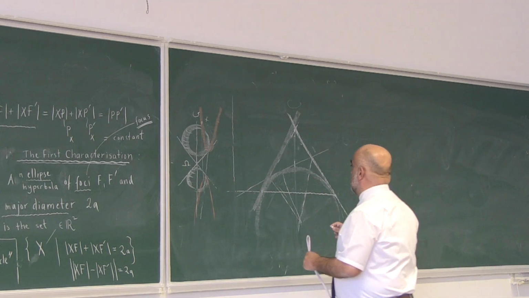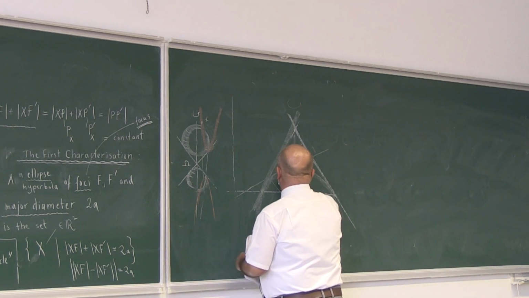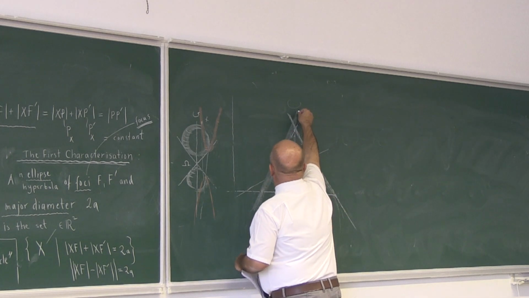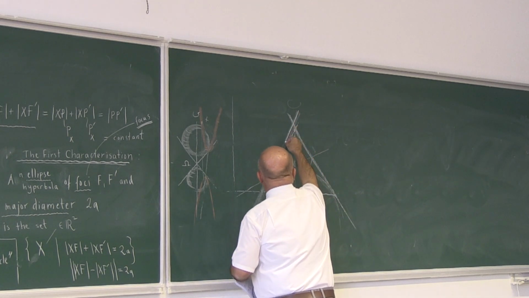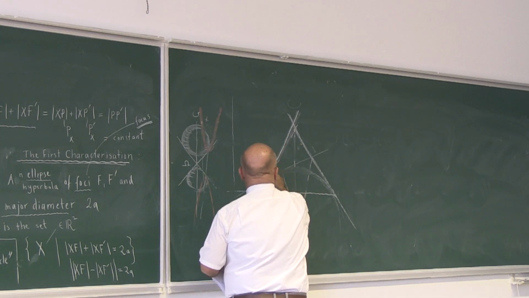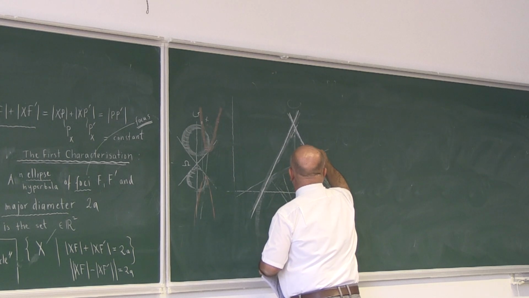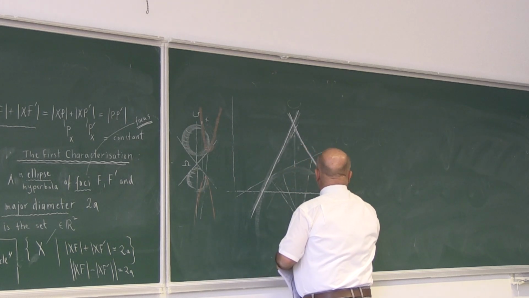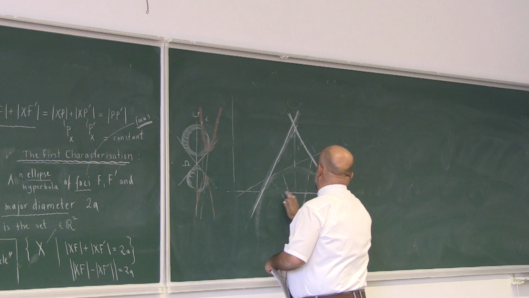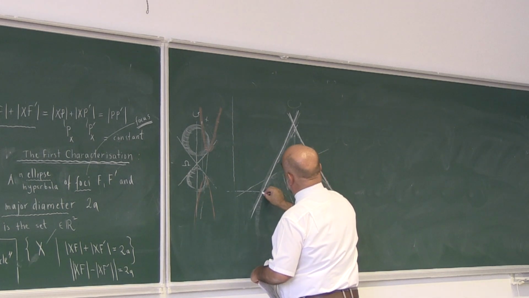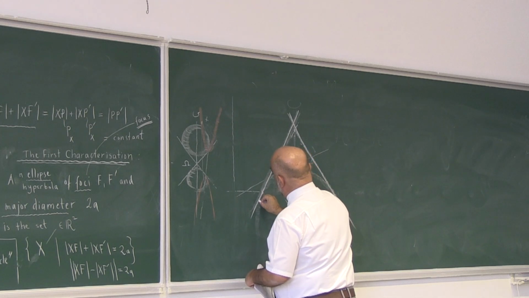Right, now let's rotate the whole thing. So when we rotate the whole thing, let me start by, so to speak, drawing the cone, and here is the sphere.